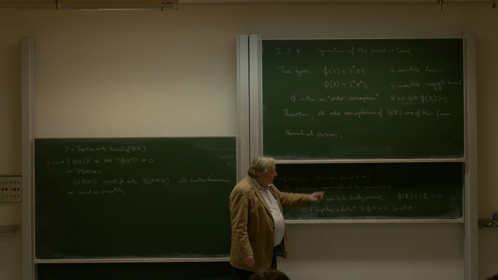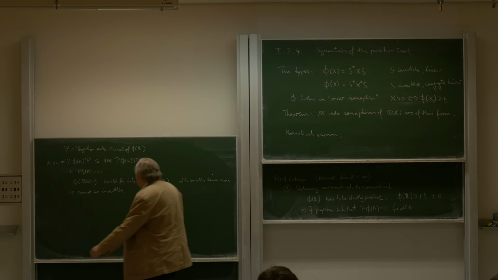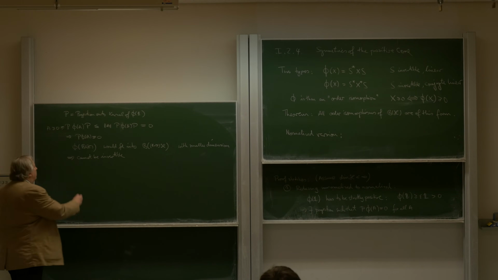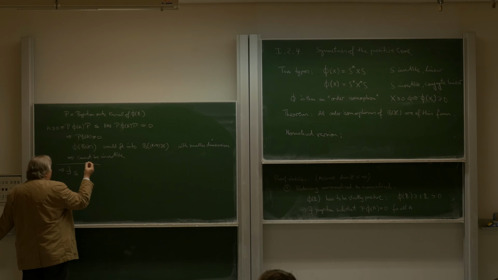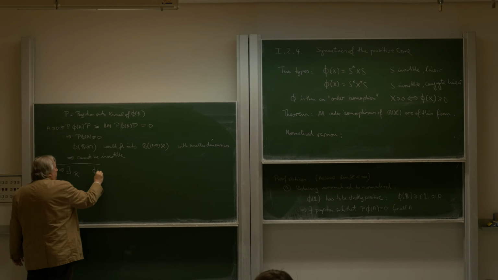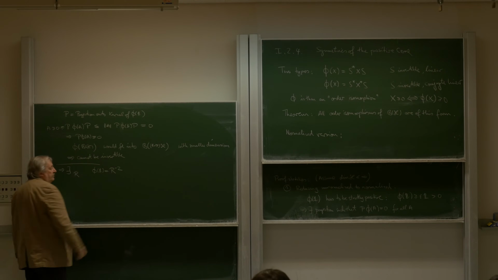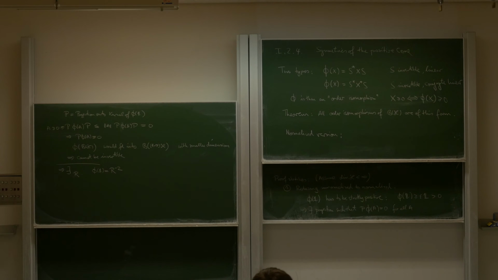So phi of 1 is actually an invertible operator. It's positive, so it follows that there exists an operator, call it R, so that phi of 1 is equal to R to the minus 2. Right? It's invertible, and then we can take a square root on top of that.